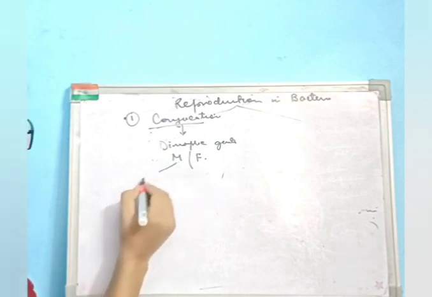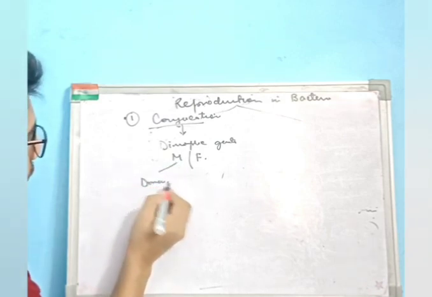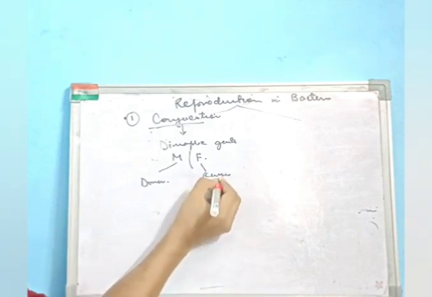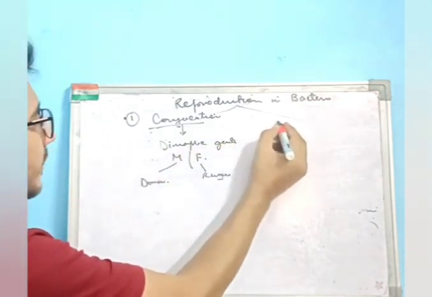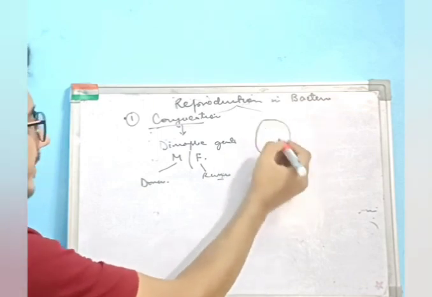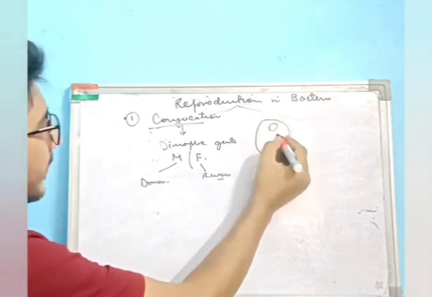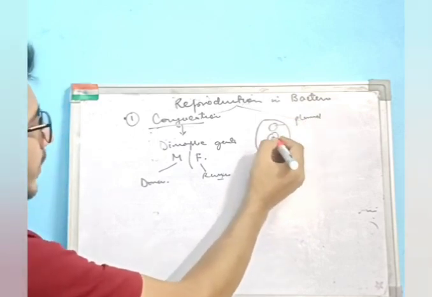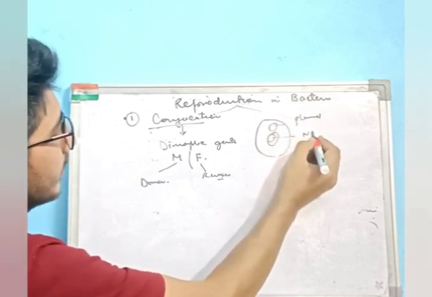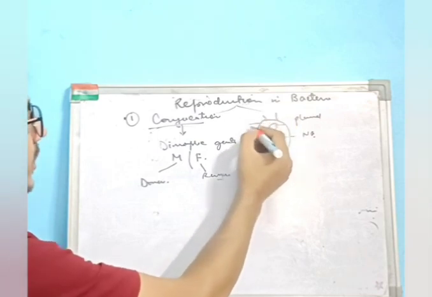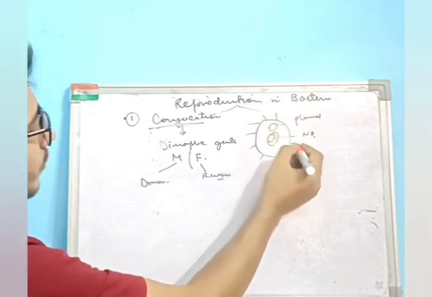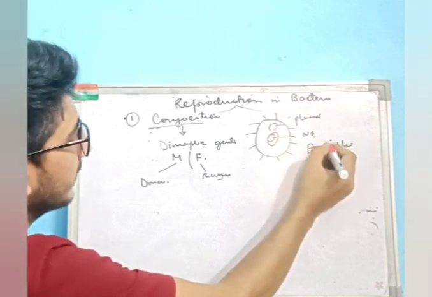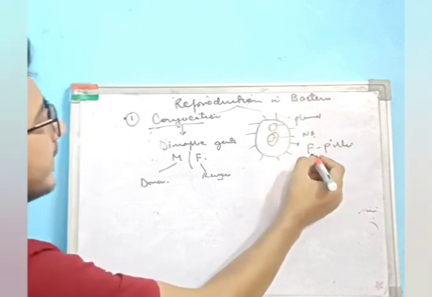The male bacterium is the donor and the female cell is the receiver. For example, this is the bacterial cell, this is the plasmid, and this is the nuclear body, and they have an external structure called F pili. This is called the F factor, or fertility factor.